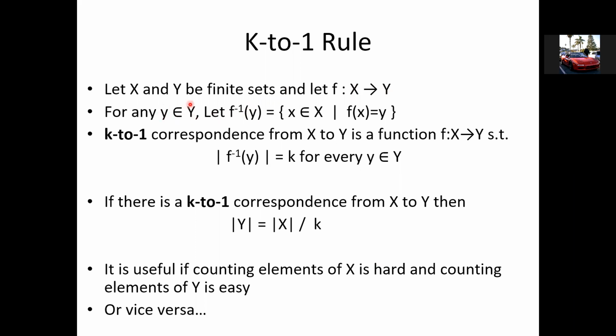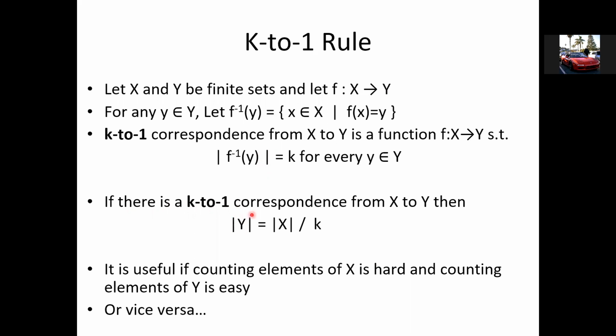For every element in the image set, so that's a kid, if you take the pre-image of this function for that kid, which is the set of shoes mapped to that kid, then it's a k-to-1 correspondence if for every element in the codomain, the size of the pre-image is exactly k. There are exactly 2 shoes for every kid, and so then it's easy to count.